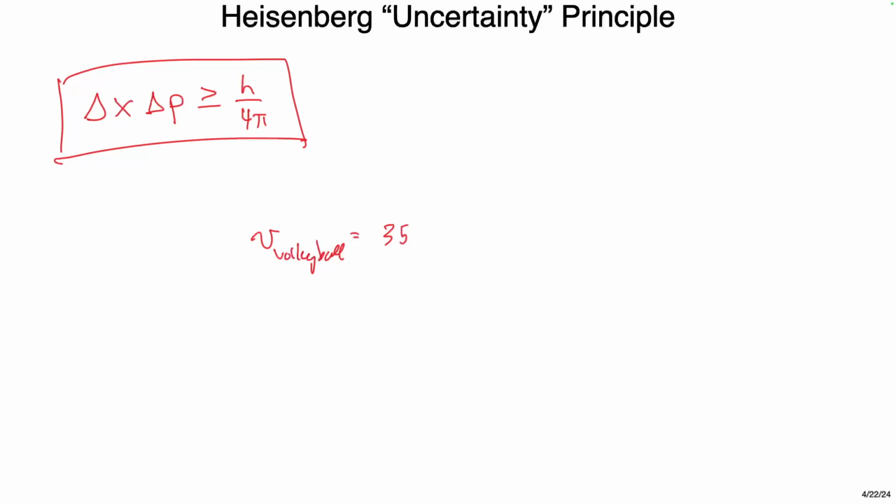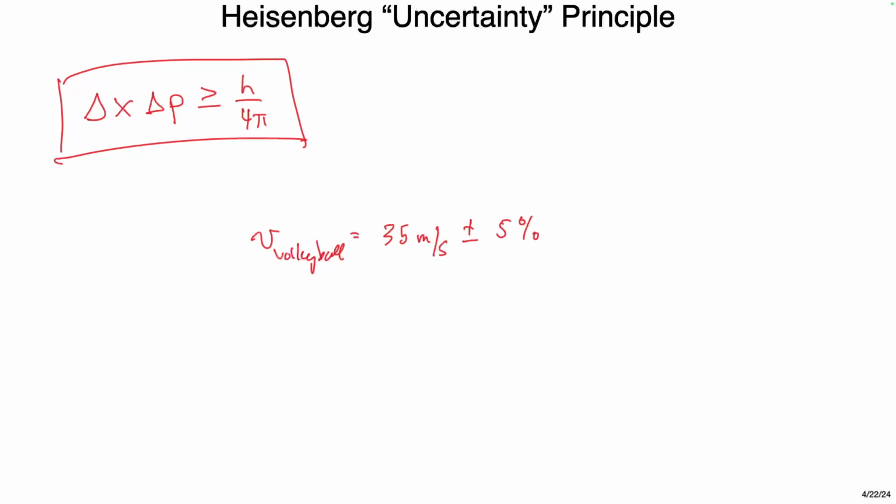Now, in class we're kind of used to just knowing what the velocity is, and we don't really worry about the uncertainty in the measurement. But every device comes with an inherent limit to its ability to measure. In the case of this example, we say that it's 35 meters per second plus or minus 5%.